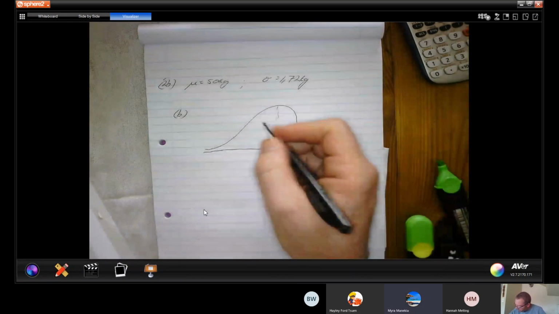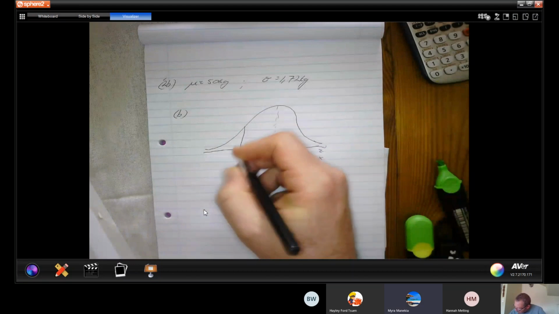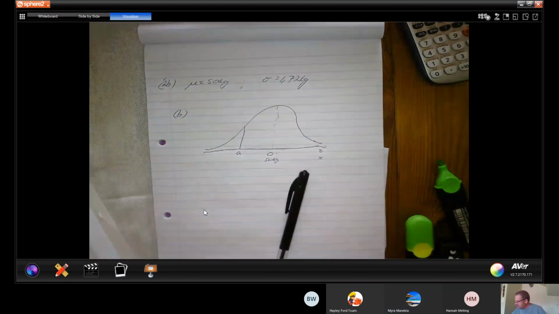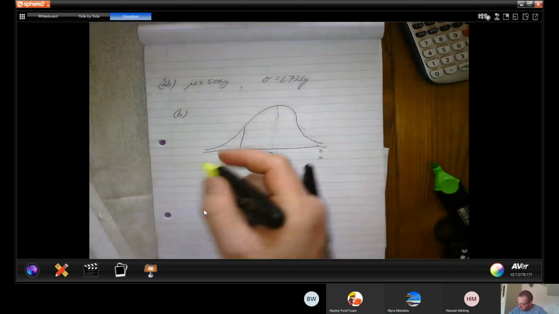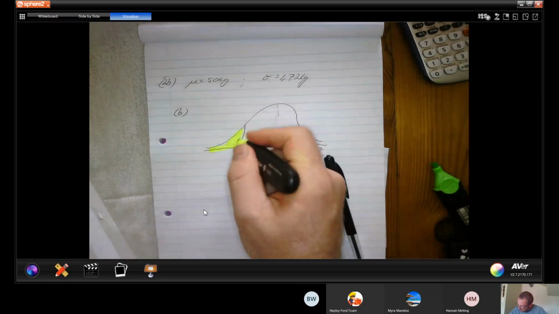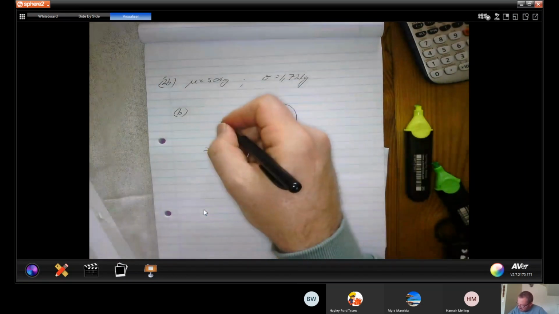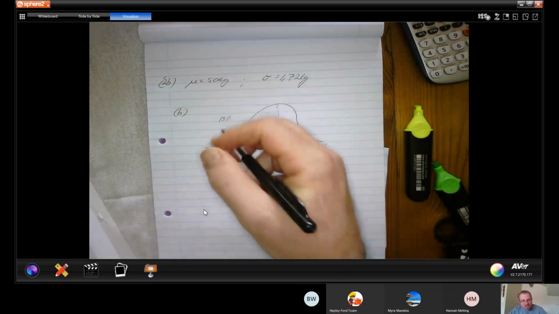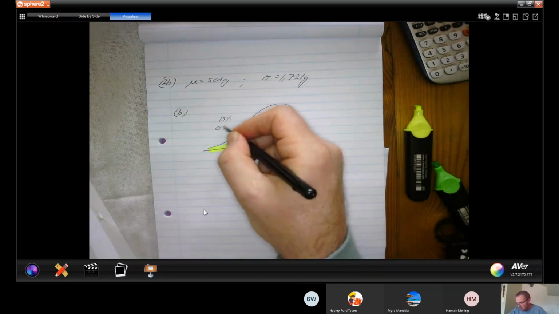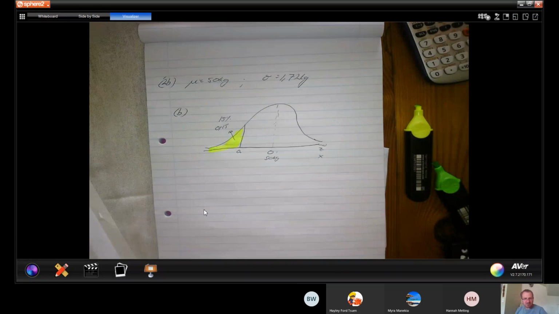Left. Good. Here is A, and this region over here is, we want to know what's the weight so that I get rid of the bottom 15%. So this is 15%, which is 0.15.